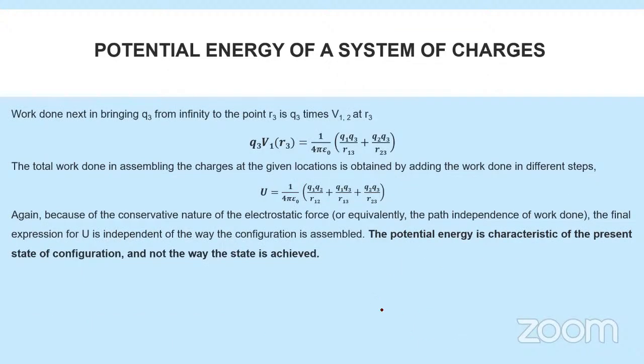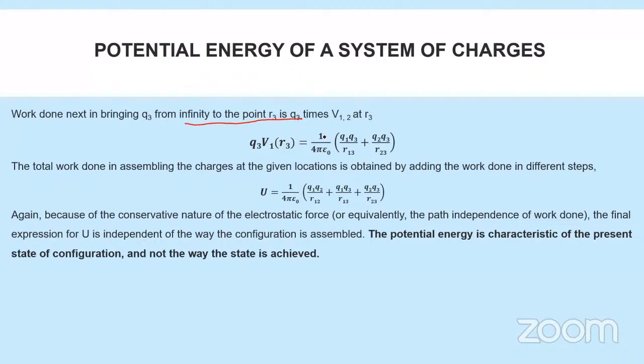Then the work done in bringing the charge Q3 from infinity to point R3 is going to be Q3 times the potential due to both charges 1 and 2 at R3.